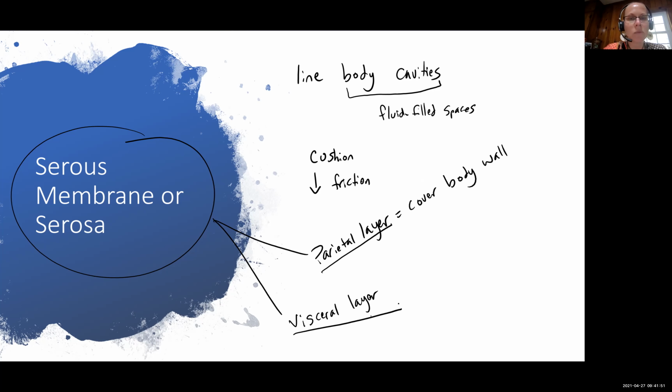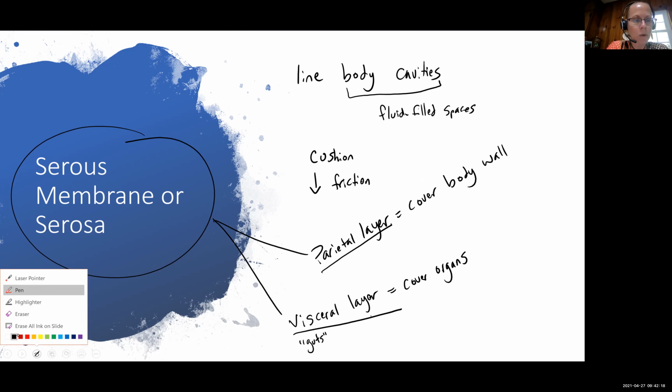Now, anytime we see this word visceral, viscera, I like to just translate this in my mind to guts. These are my internal organs. So this is my innards, the stuff inside that torso. The visceral layer is going to cover your organs. So it's actually forming part of that organ wall.